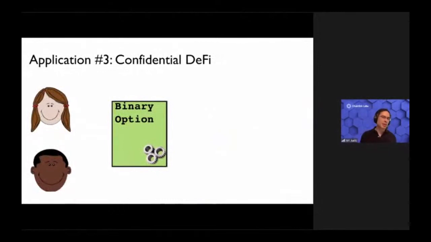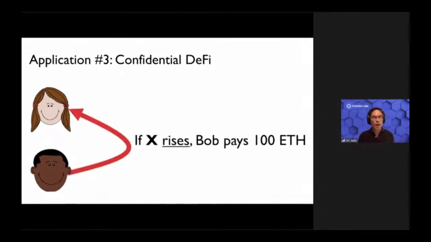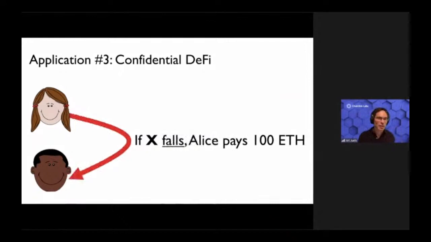Our final example involves confidential DeFi. Suppose that Alice and Bob want to execute a binary option. What do I mean by this? I mean they want to make a bet on the value of some asset X. If X rises, then Bob pays Alice, say, 100 ETH. If X falls or stays the same, Alice pays 100 ETH to Bob.